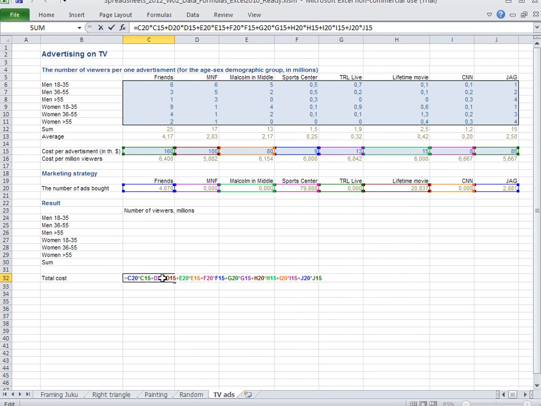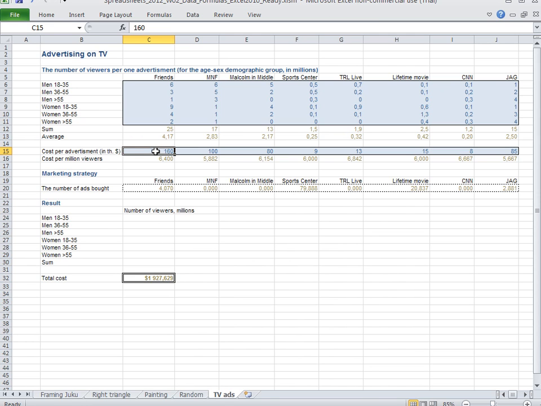So the number itself is in thousands of dollars, but the number in this cell actually is 1,927,629, which means that the number itself is a little bit less than 2,000, but since these numbers were all in thousands of dollars, there is a small trick that's been done here.